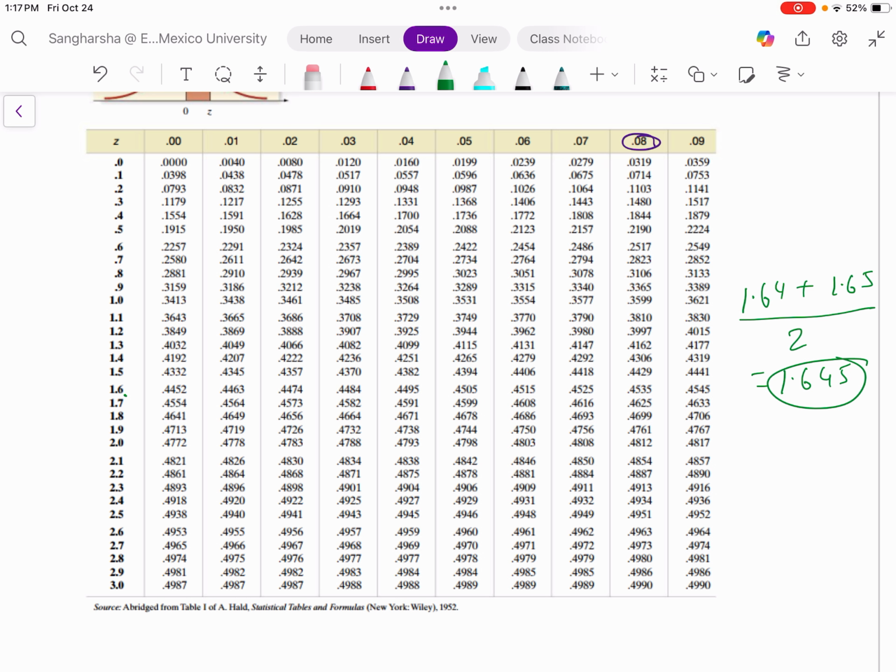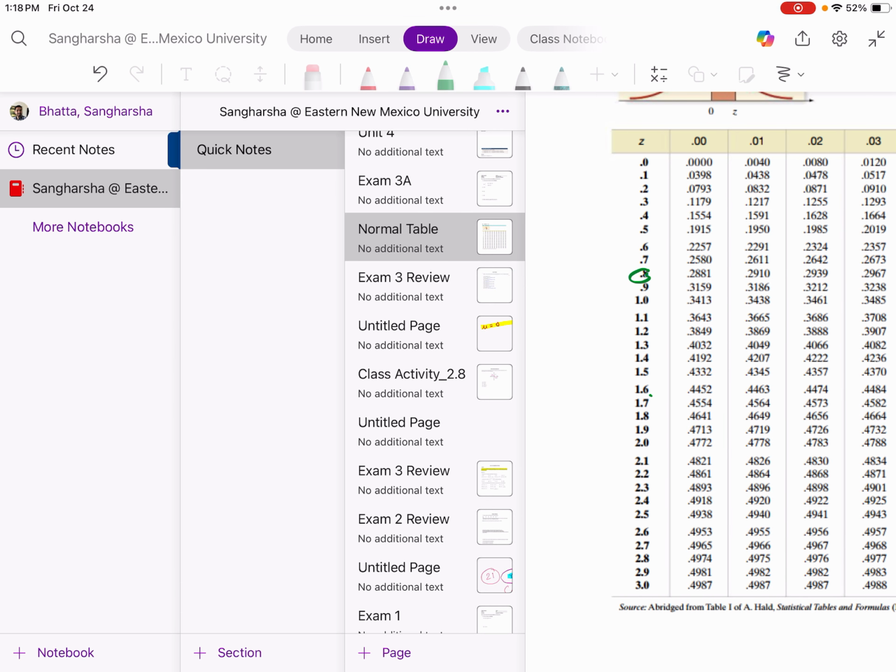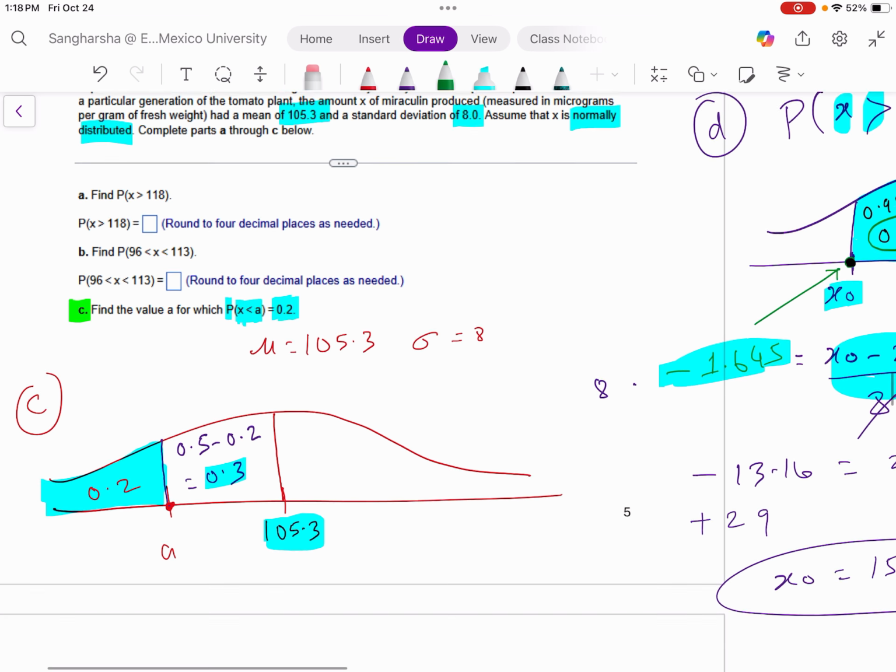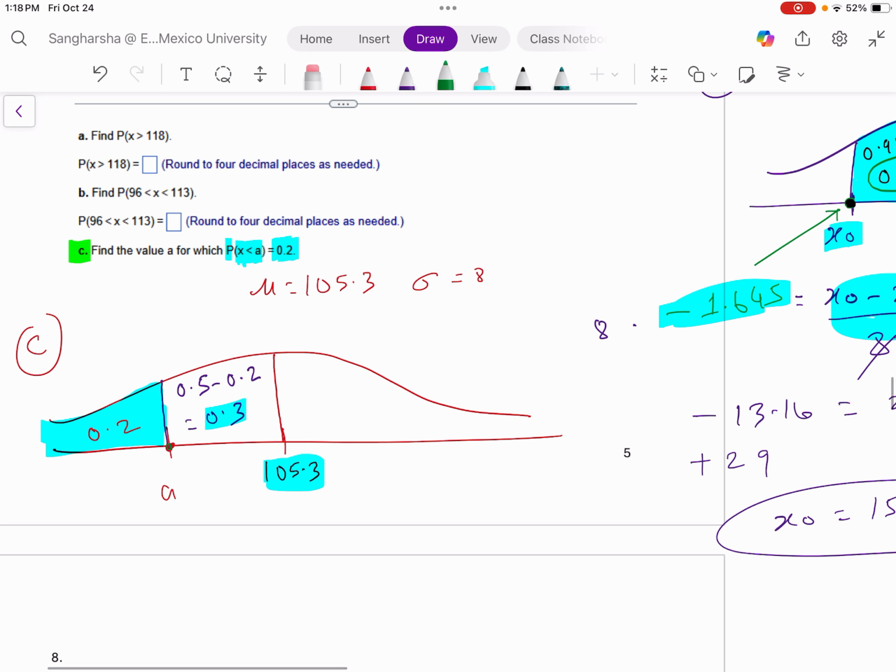Okay, 29. So we have 0.2995 and these two numbers. Out of these two, this one is the closest. So the corresponding G is 0.84. And since our A is on the left of mu, it has to be negative 0.84.